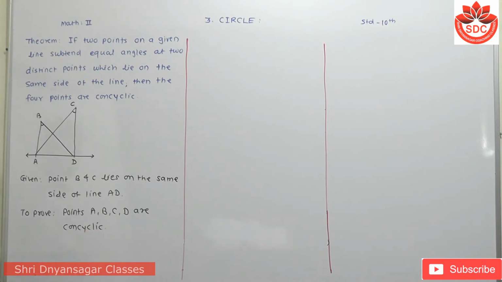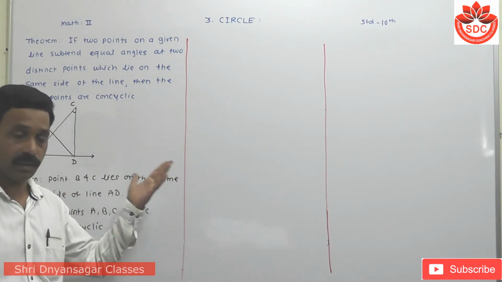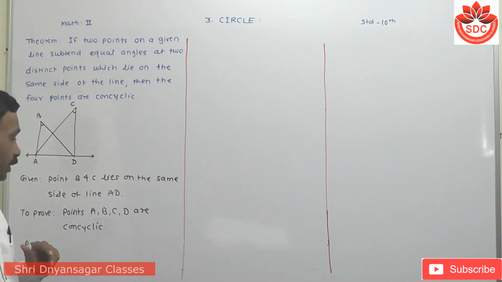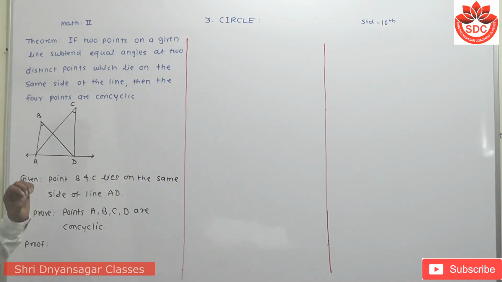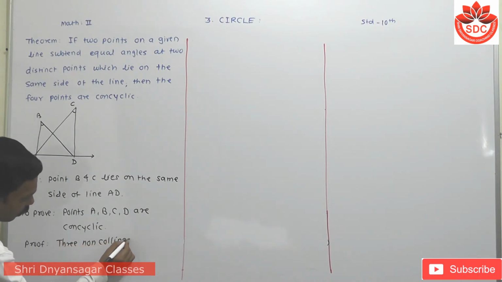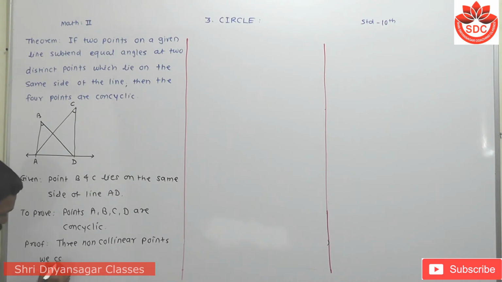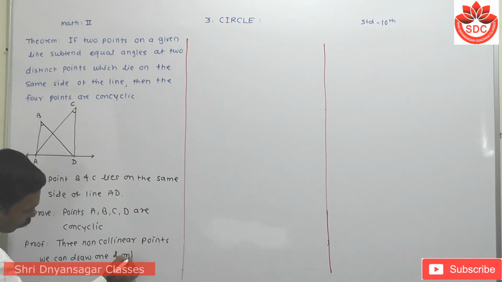म्हणजे एकाच वर्तुळावरती. For this student, all of you know that any 3 non-collinear points we can draw one circle. This is the same as the earlier theorem, the Converse of the Cyclic Quadrilateral Theorem. So first we take, from 3 non-collinear points we can draw one and only one circle.